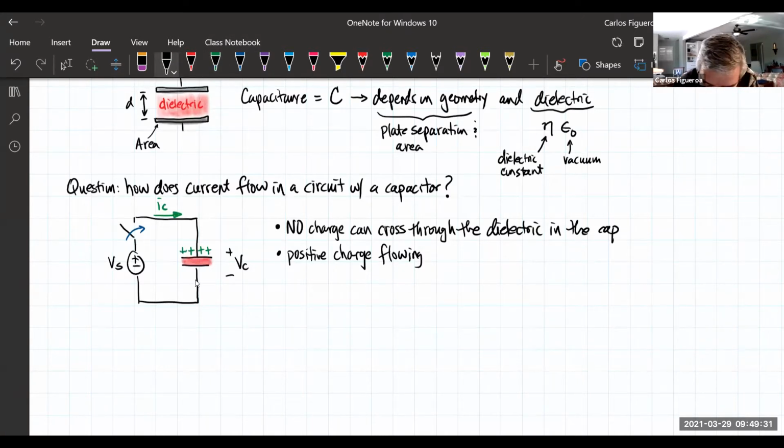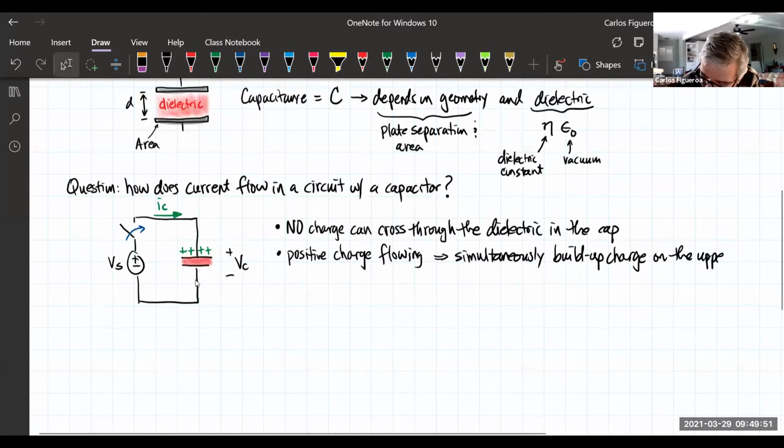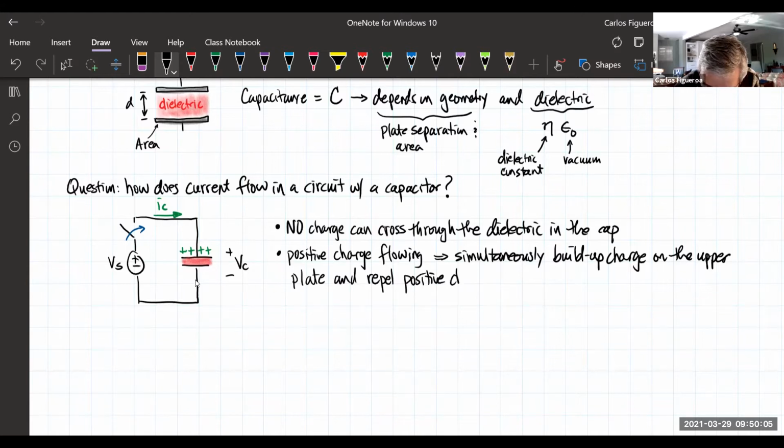Okay, so what this tells me is that I simultaneously build up charge on the upper plate and you repel positive charge from the lower plate.